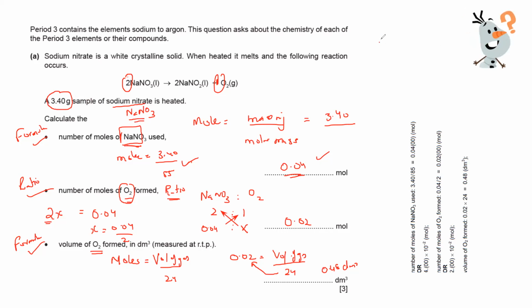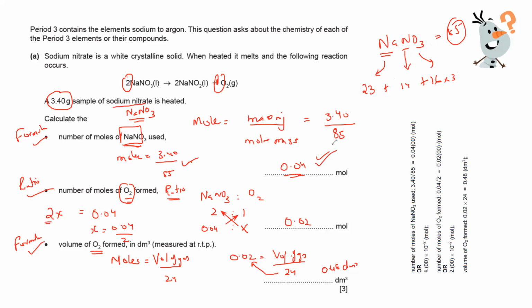You have to check a periodic table. Sodium is 23, nitrogen is 14, and oxygen is 16. When you solve this, you will get the total mass of sodium nitrate to be 85. So 3.4 divided by 85.